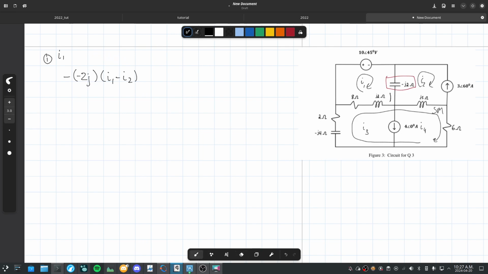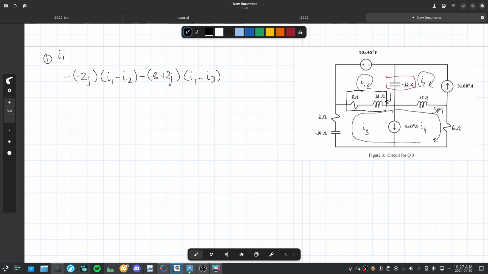So now we continue on in our circuit to our next item here. And we can actually combine these two here into a single equation. It simplifies our equation. So this is going to be a voltage drop of 8 minus 2j, or 8 plus 2j, times I1 minus I3.